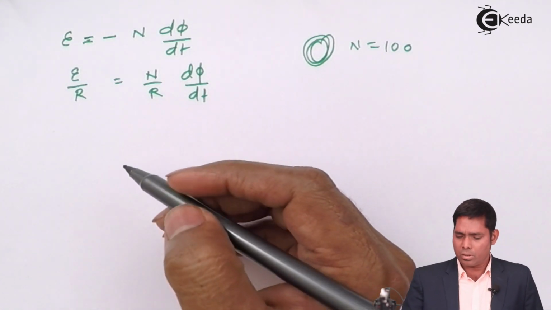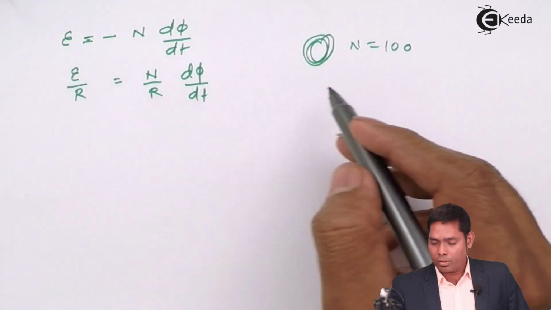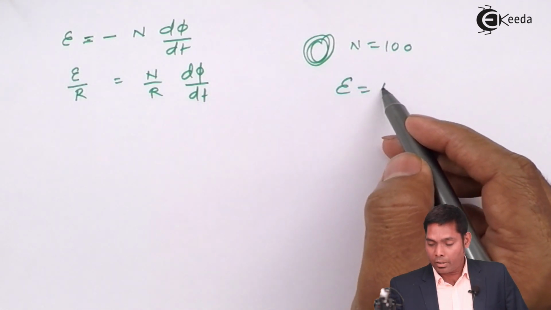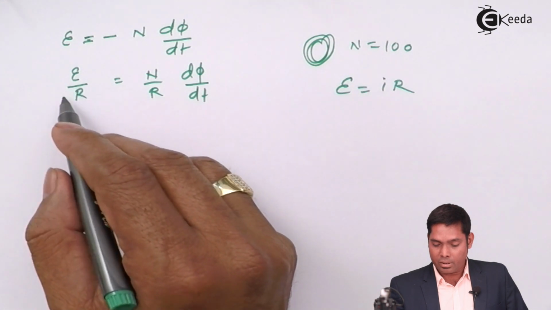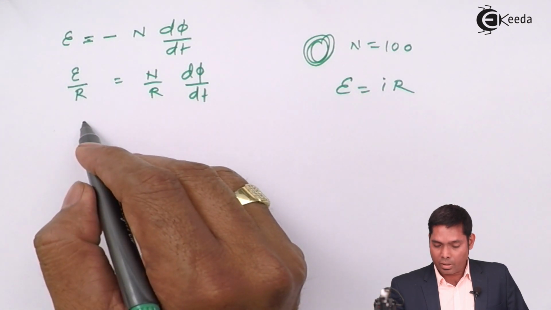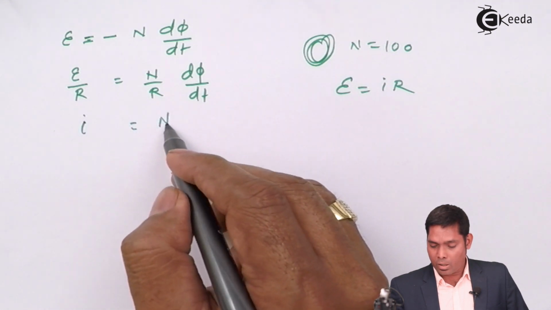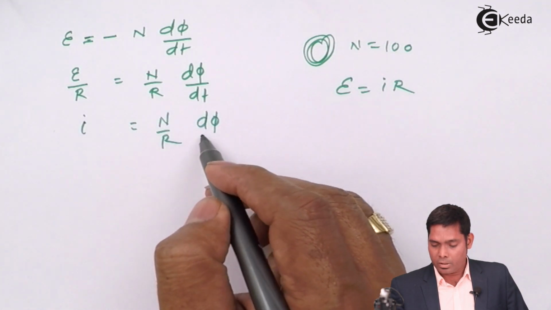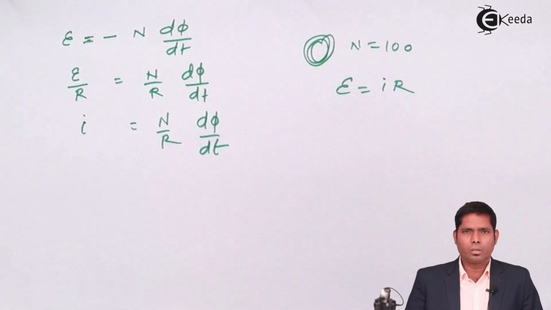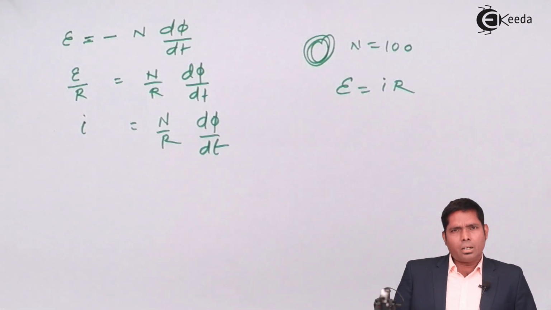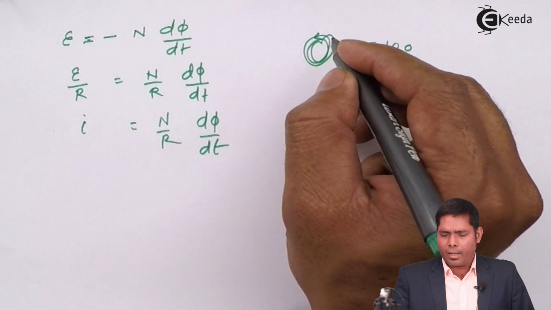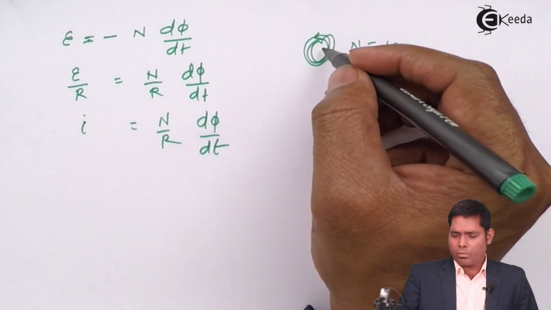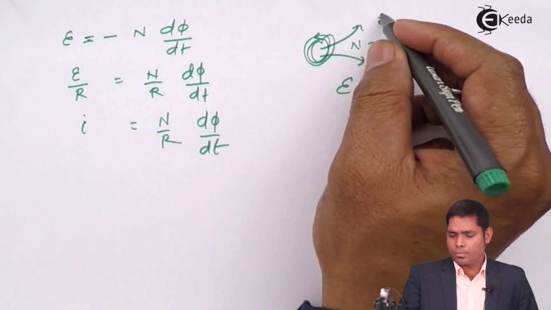So this is the situation. E by R, we know that E equals I into R, so this is the current, and the current comes out to be N over R d phi over dt. This current flowing in the coil is because of the change in flux.